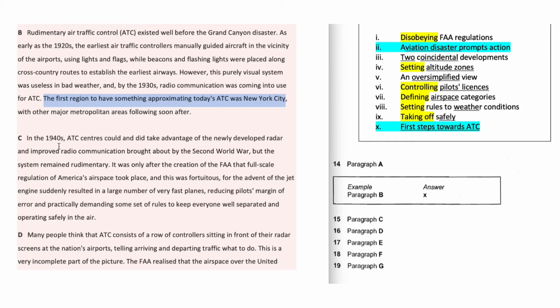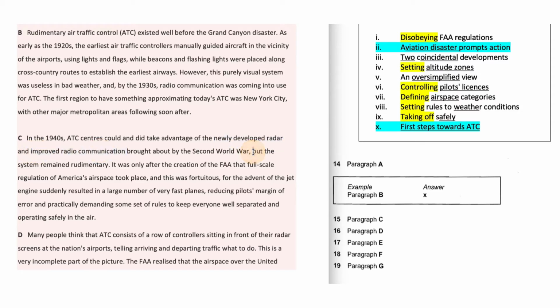Now, what do we have in C? We're talking about the 1940s, so we're still in the past. And then it's telling you that ATC centres took advantage of 2 things that were in use during the Second World War. And what are these 2 things? They are radar, newly developed radar, and the second thing is improved radio communication.